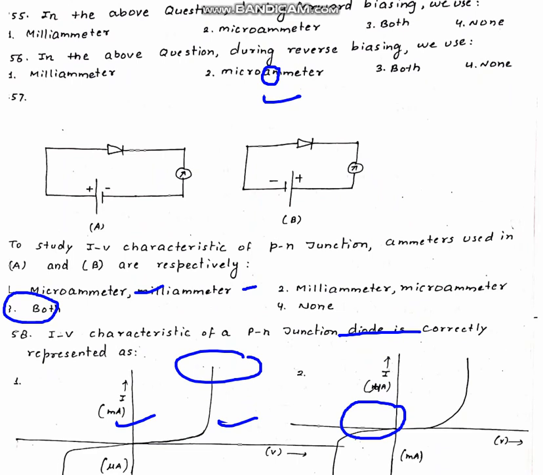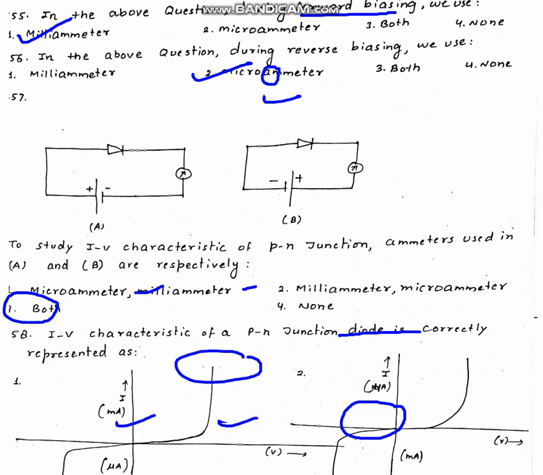Next, in the above question, during forward biasing we use milliammeter as current is more, and during reverse biasing we use microammeter.